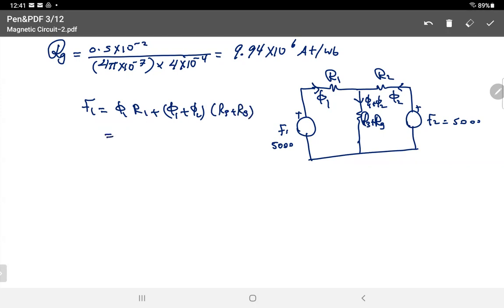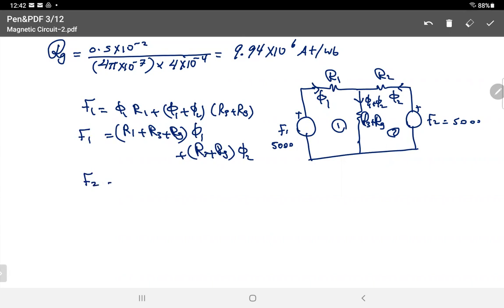If you simplify and look for phi 1, you find that phi 1 is multiplied by the total resistance in loop 1. If you call this loop 1 and the other loop 2, it will be R1 plus R3 plus RG, all multiplied by phi 1. And the one in the middle, the common one, will be R3 plus RG multiplied by phi 2. So that will be the equation for F1.